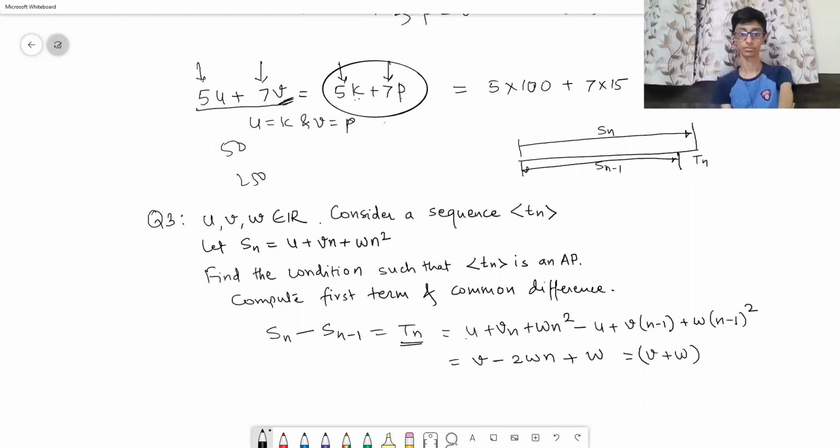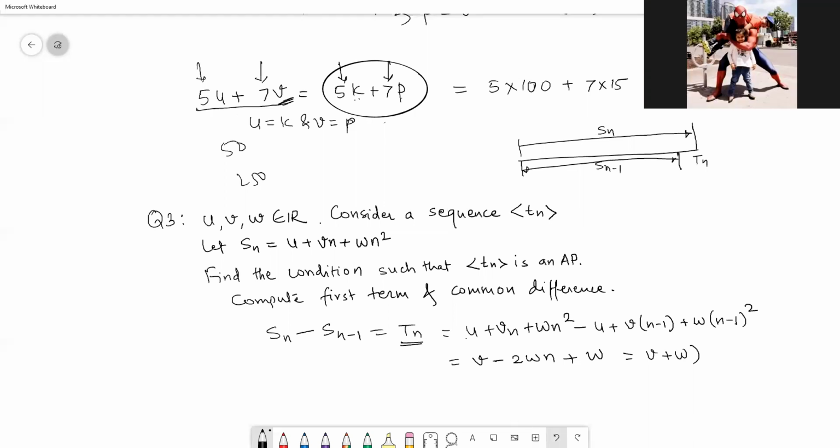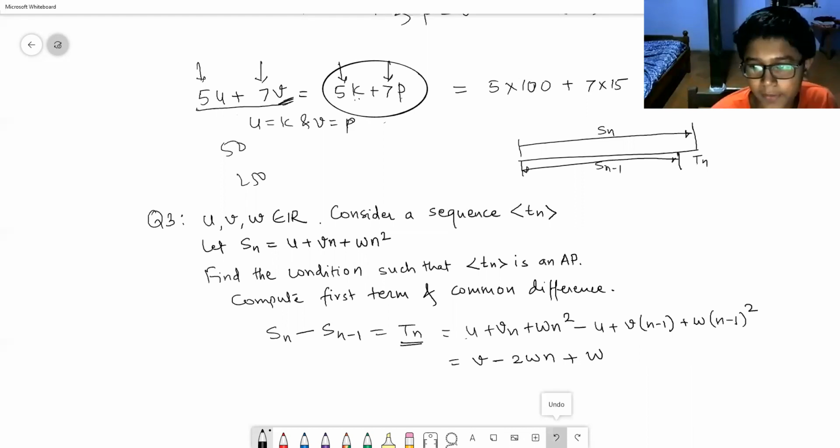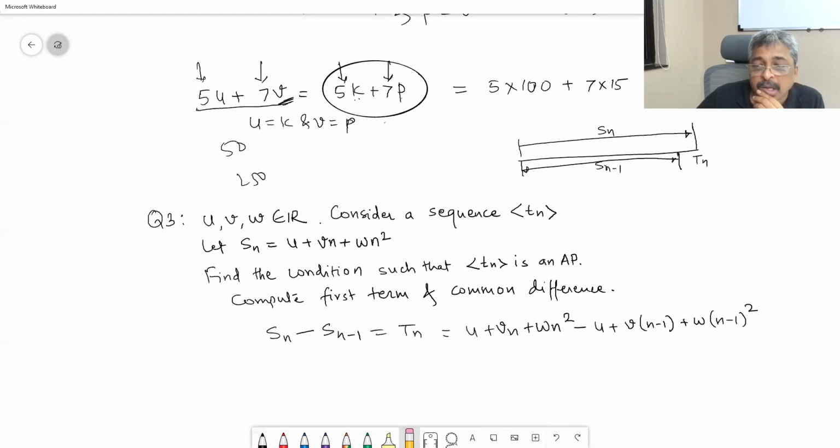Yes, sir. Oh, I'm lost somewhere. Sir, I guess in the first equation it would be minus V into n minus 1. Yes, sir, and minus W into n minus 1 the whole square. Minus, minus.